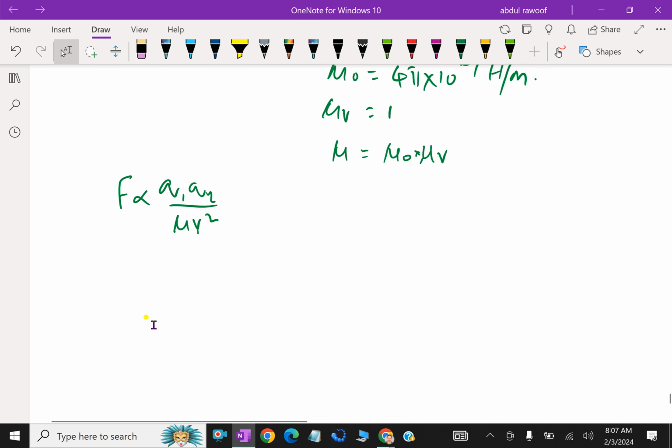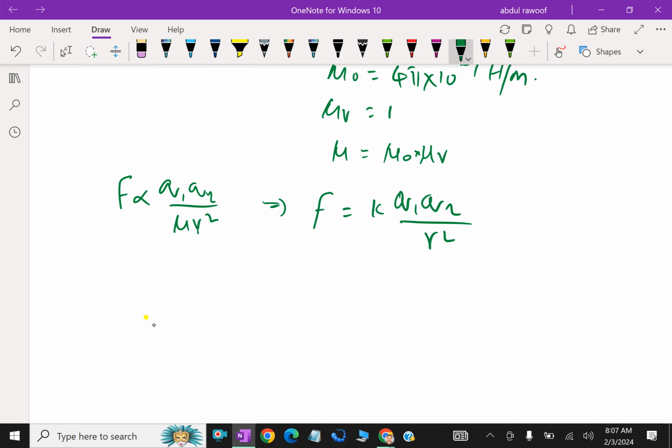Then further, F is equal to K into Q1 Q2 over r square, or in terms of vector, F equals K Q1 Q2 over mu r square, and keep vector r.